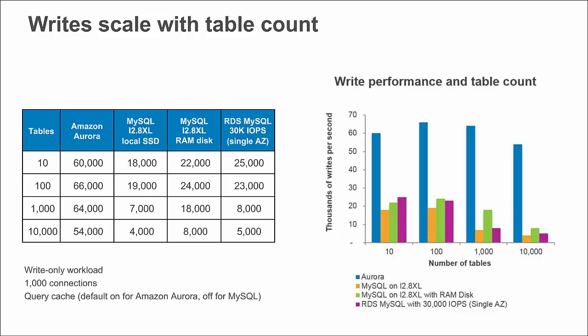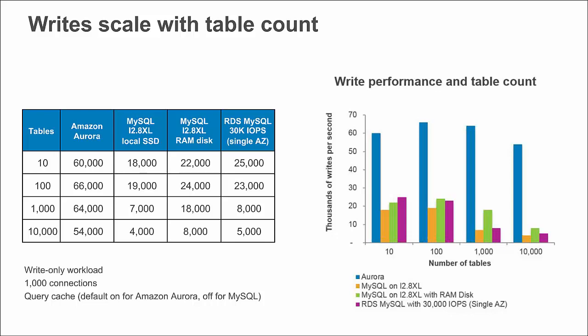On EC2, we went with the largest and beefiest instance possible, which is I2 8xlarge. I2 8xlarge is even more powerful than R3 8xlarge, and the I2 instance has a large amount of local SSDs. So we did the MySQL install on EC2 on an I2 8xlarge using the local SSD, so we can completely avoid network latency and jitter.